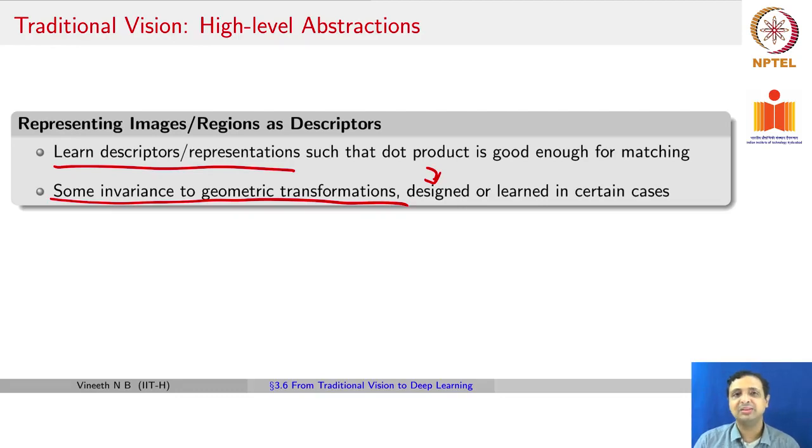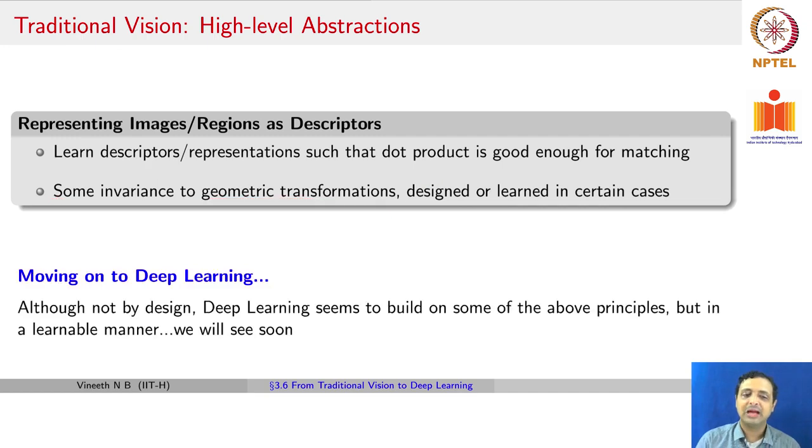This is a brief summary of the topics that we've seen so far, put into an abstract, concise, succinct manner. But what we're going to conclude with here is to show that we're going to move to deep learning, as I just mentioned. Although not by design, deep learning seems to be building upon some of these principles. Some of these will become clearer when we start discussing these deep learning approaches.